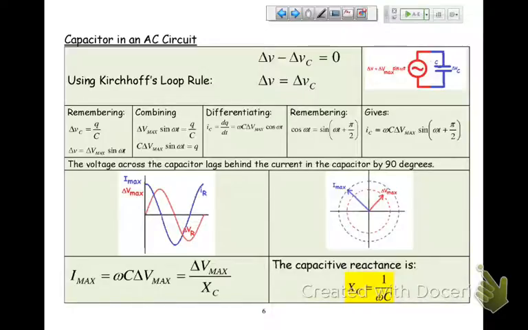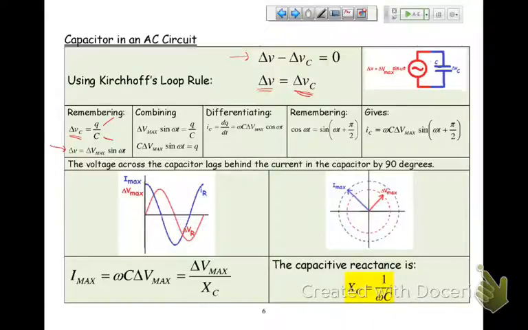My loop rule says they must sum to 0, and that means that my EMF and the potential difference across my capacitor must be equal in magnitude. I know the potential difference across my capacitor equals the charge on the capacitor divided by the capacitance, and I know that my EMF is equal to delta V max sine omega t, because that's the system I'm choosing to use.